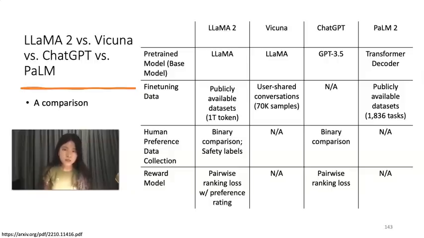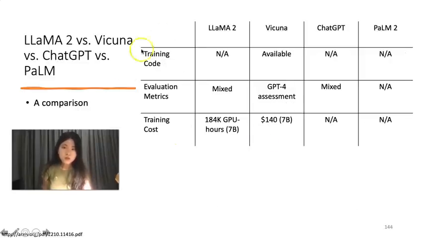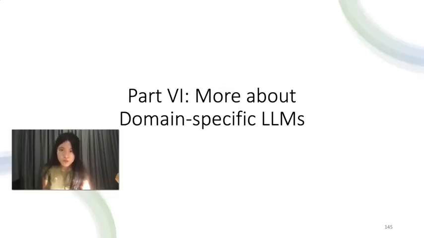I compare the pre-trained model, fine-tuning data, whether they used human preference data collection, the way for the comparison, and reward model training. And also whether their training code is available, what the evaluation metrics are, and what the training cost is. You can refer to these two pages for some intuition on the comparison between the different models.